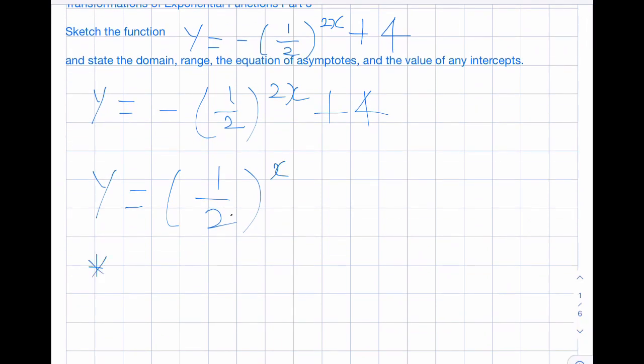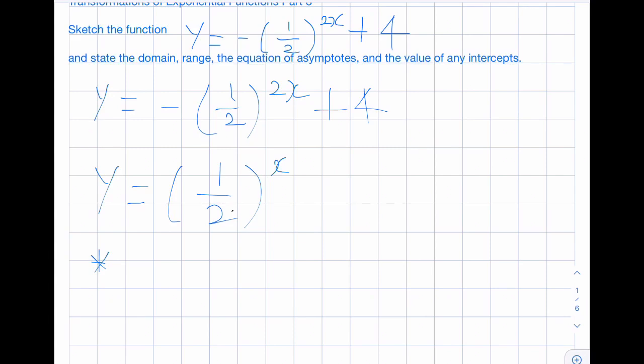Alright guys, so first off we have a horizontal stretch by 1 over 2.